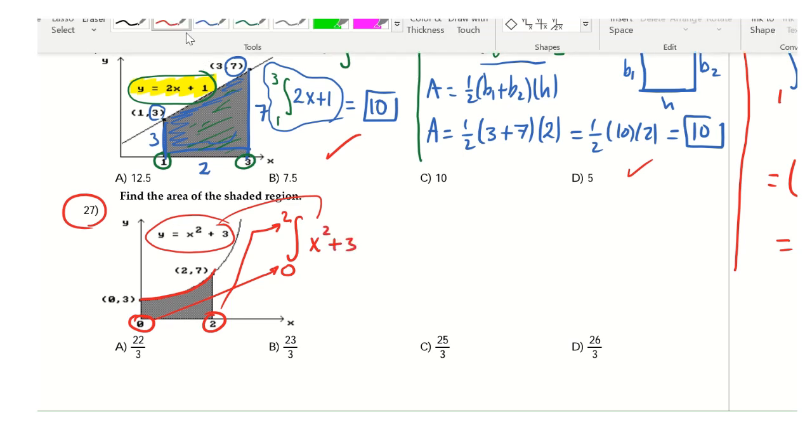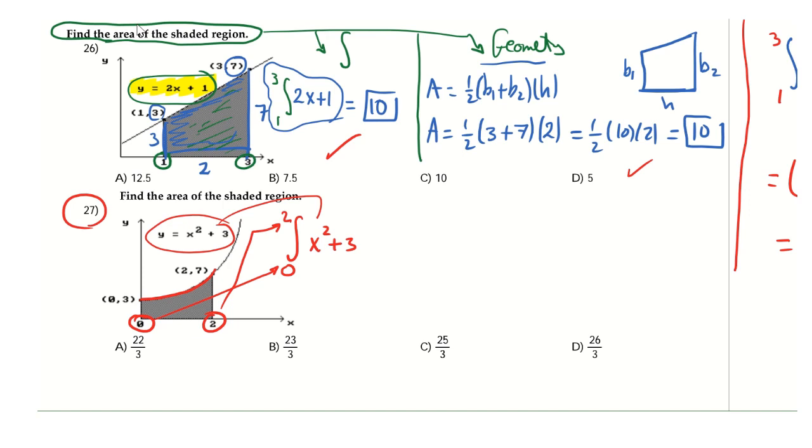How can I solve it with and without using a calculator? With a calculator, all you have to do is use your calculator, integral of x squared plus 3 from 0 to 2, which is equal to 8.6. So approximately 8.6 or exactly 26 over 3.